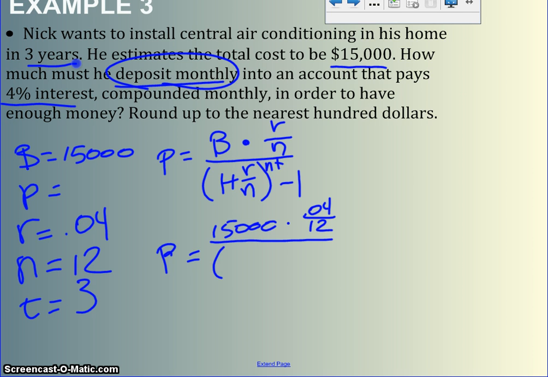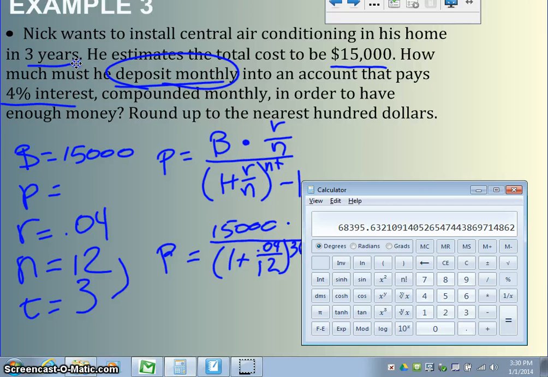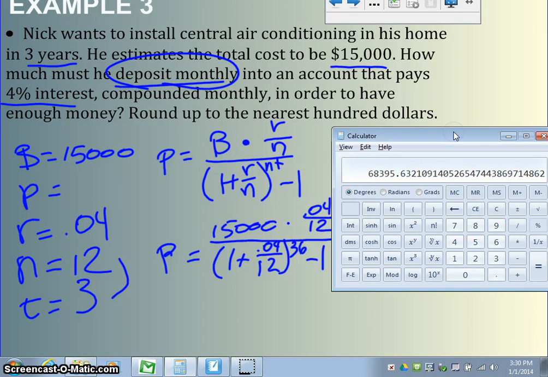All of that over 1 plus the 0.04 divided by 12, all to the 36th power. And I got that by multiplying 12 and 3, which is my n times my t, and then subtract 1. So, breaking this down now, let's figure out what we've got.